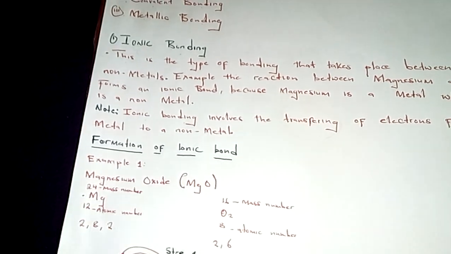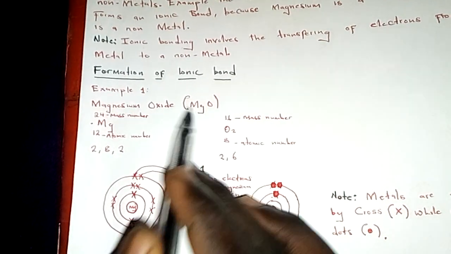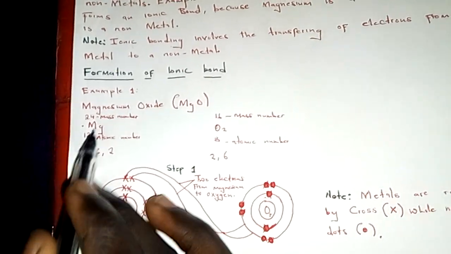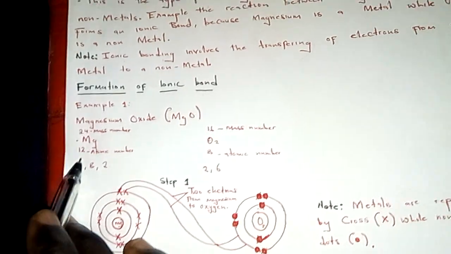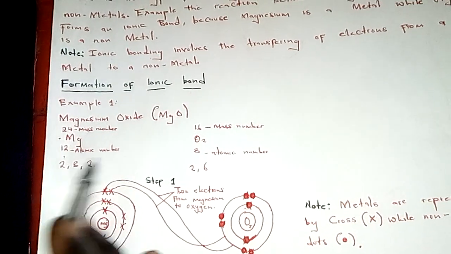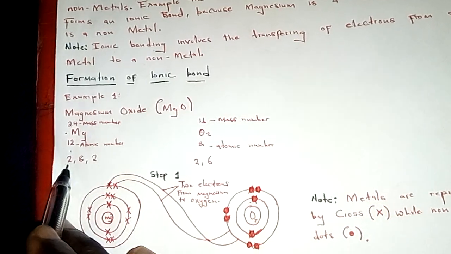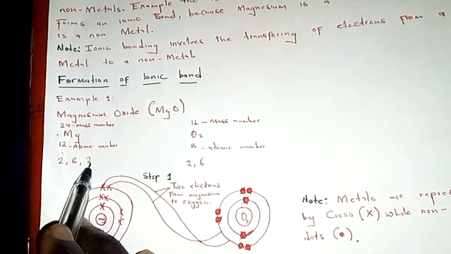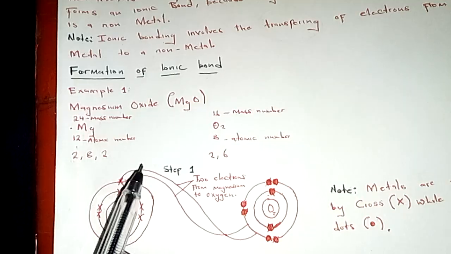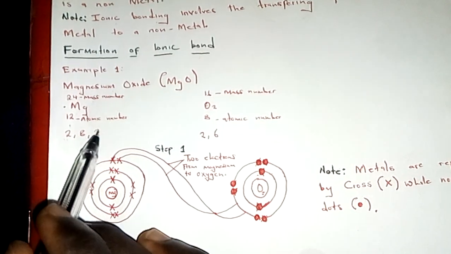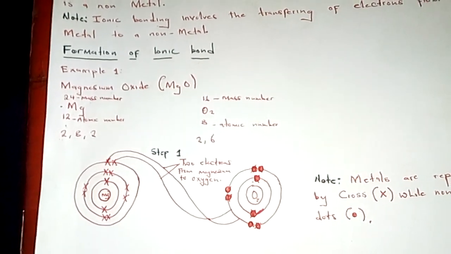Okay, so formation of an ionic bond. Example number 1, magnesium oxide. Magnesium has mass number 24, atomic number 12. The electronic configuration of magnesium is 2,8,2. So magnesium is in group 2, because it has 2 electrons in the outermost shell.